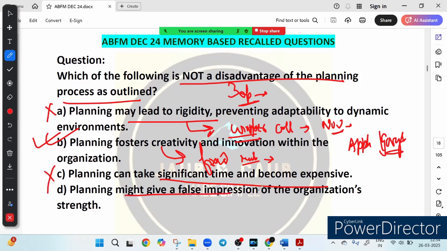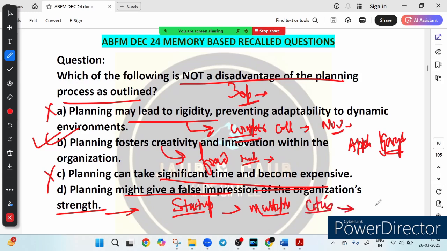Option D, planning might give a false impression of the organization's strength. Yes, sometimes when an organization makes a big fancy plan, they feel overconfident. This can make them ignore risk and assume everything will go smoothly. For example, suppose a startup plans to expand to multiple cities. On paper everything looks perfect, but in reality they fail to analyze the challenges and their business struggles.